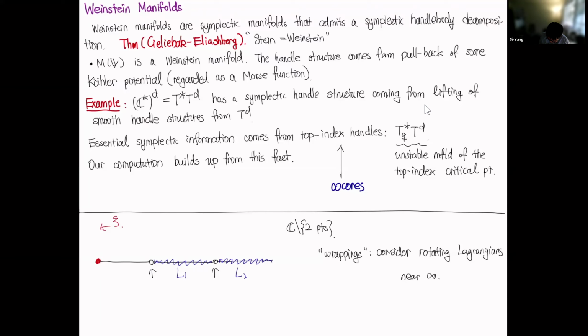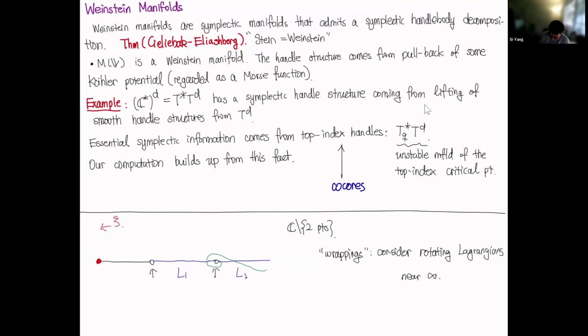Let's say L2 is this curve. What you do is you perform a rotation near the point, and previously they don't have intersections, but after you do this rotation once, you have an intersection point. And of course, you can do more times.